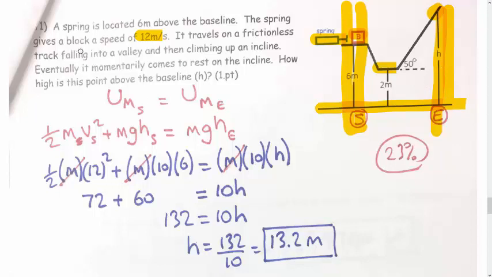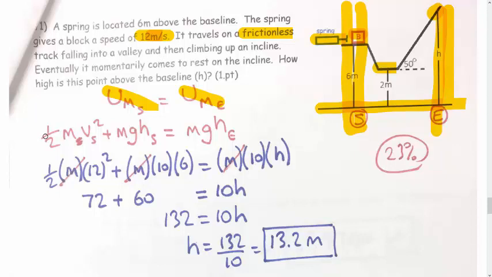What we're recognizing is that when this track is frictionless, then the mechanical energy at the start, wherever I define the start to be, equals the mechanical energy at the end, wherever I define the end to be. So I look at the start, and remember, it's 12 meters per second after the block has left the spring. It said the spring gives the block a speed of 12 meters per second.